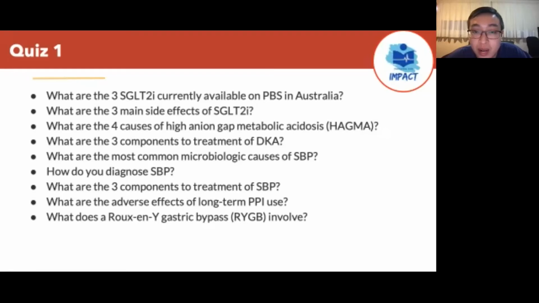And you also do a cell count, gram stain, et cetera, and you need at least 250 neutrophils and culture bottles to be positive. And also you need to have excluded other secondary causes of peritonitis like bowel perforation before you can diagnose SBP. Adverse effects of long-term PPI use and Roux-en-Y we just discussed.